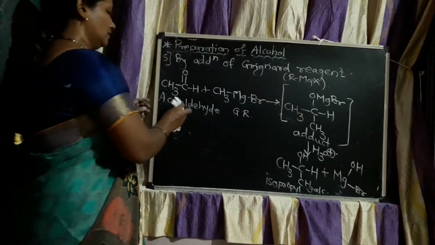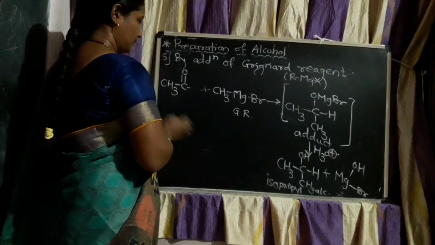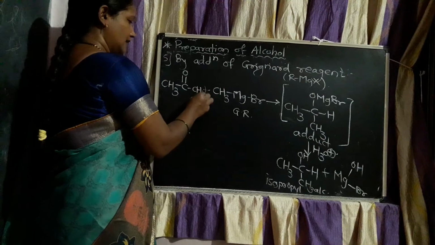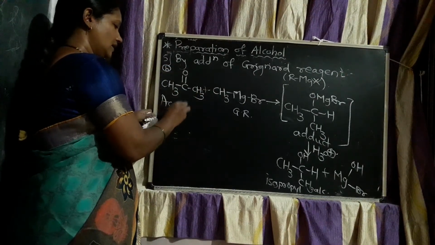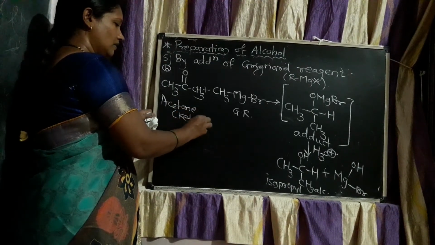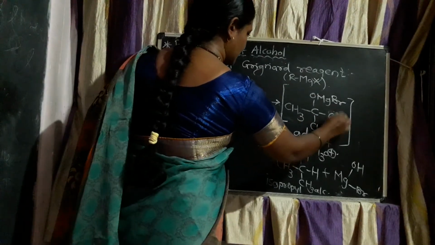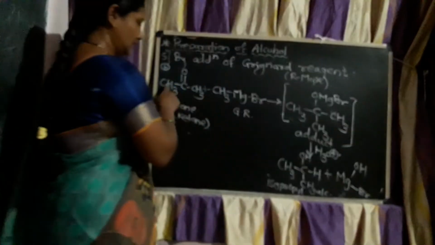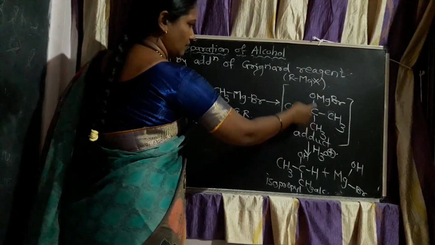Then from ketone, in the second sub-reaction, the ketone, the name is acetone, on reaction with Grignard reagent first forms CH3CCH3 with the R group and OMgX.